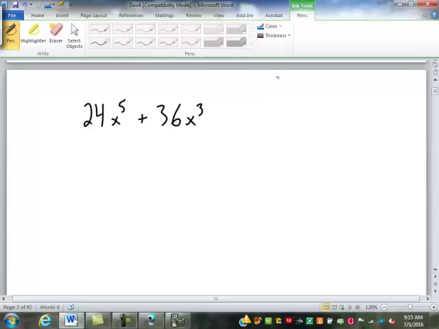So when I look at that, the first thing I have to ask myself is, what is the greatest common factor of 24 x to the 5th and 36 x to the 3rd? Careful, 8 does not go into 36. You have the right idea, though.